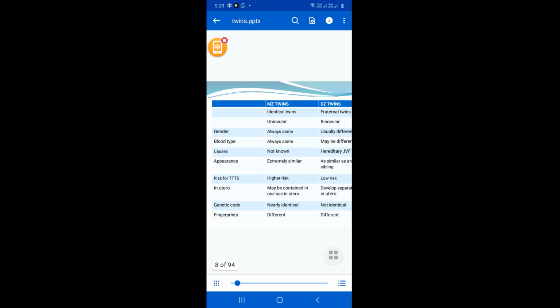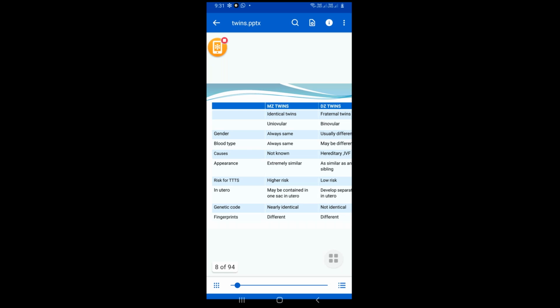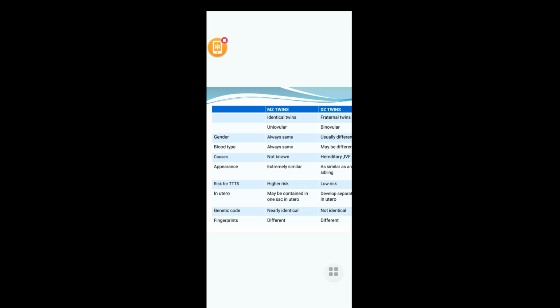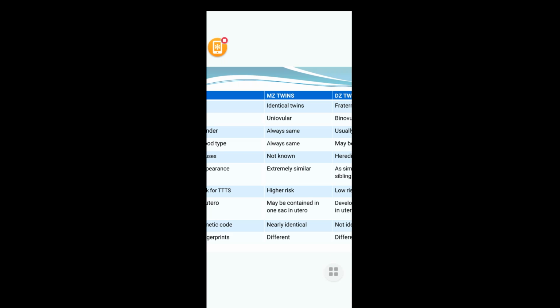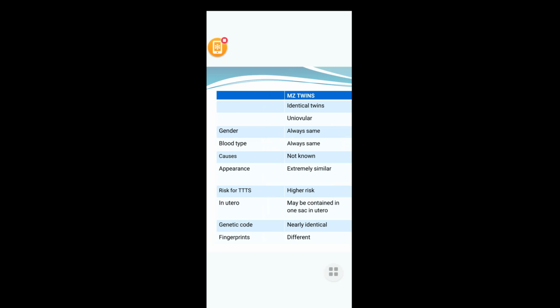So if one part has XY, the other part also will have XY only. So they will be identical twins and they will share the same features because you are cutting a single fertilized ovum. They will be identical twins and always of the same gender. Everything will be the same when you see monozygotic twins.